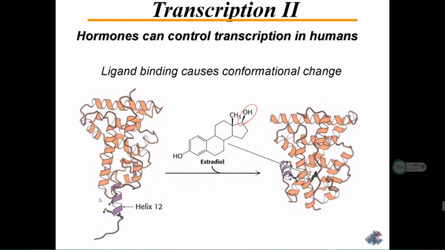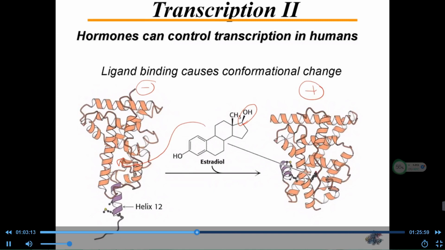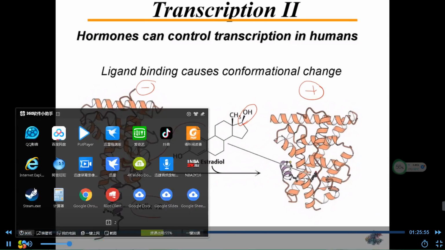Binding of the ligand causes a significant conformational change in the structure of the receptor as we go from without ligand to plus ligand. You can see the difference in the slide. The key major component to this conformational change is that helix 12 that we identified previously, whereas without ligand binding we see it extending beneath the estrogen receptor.